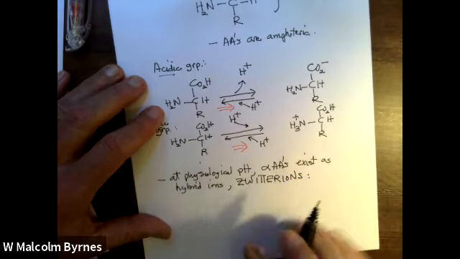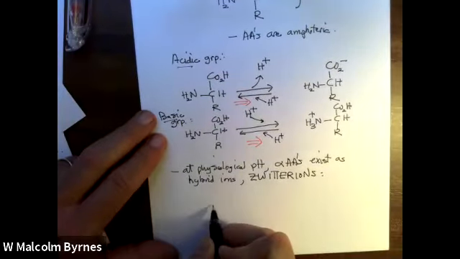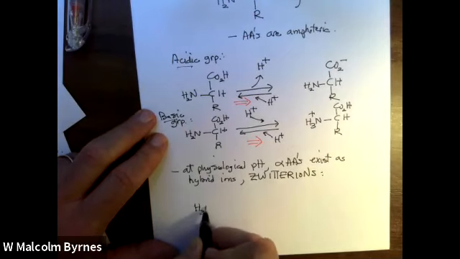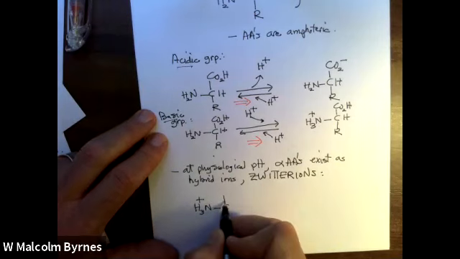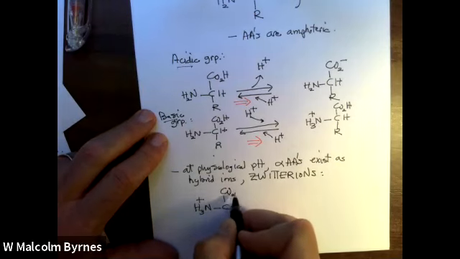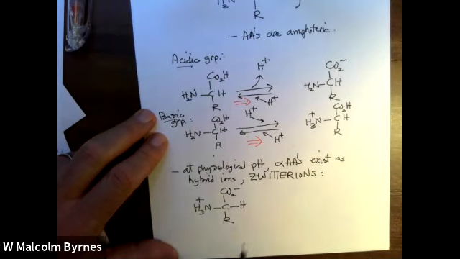It's a German word, just means hybrid ions. And so they look like this. The positive charge there on the amino group and a negative charge on the carboxyl group. That's what they look like.